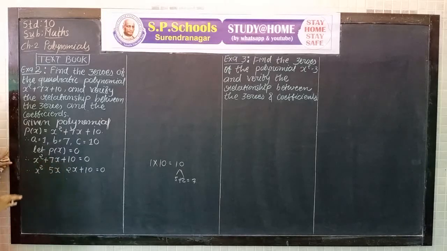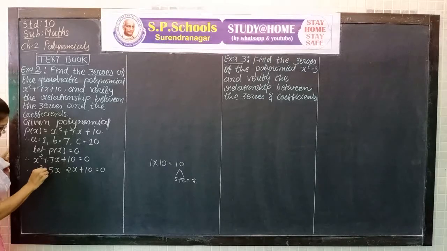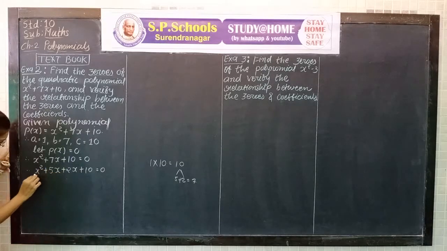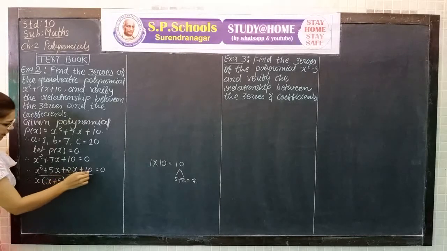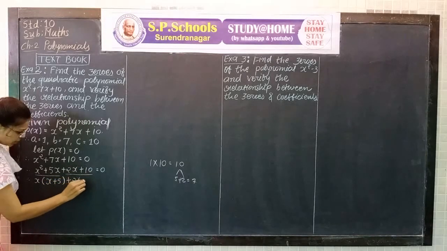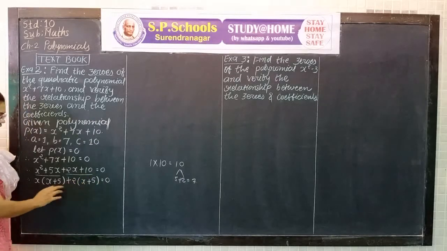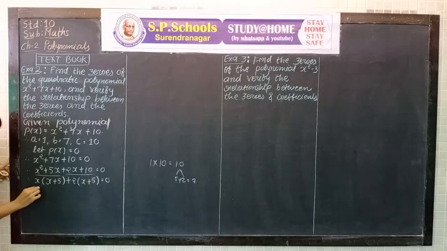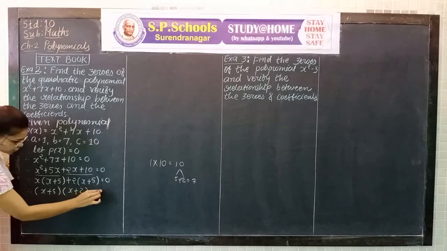If the first and last term are in the same sign, then both split middle terms are in the same sign, the sign of the middle term, plus plus. Pair the first two terms and pair the last two terms. x is common from the first two terms, remaining in bracket x plus 5. From the next two terms plus 2 is common, remaining in bracket x plus 5 is equal to 0. Both brackets are compulsorily equal. Into the first bracket x plus 5, in another bracket x plus 2 is equal to 0.